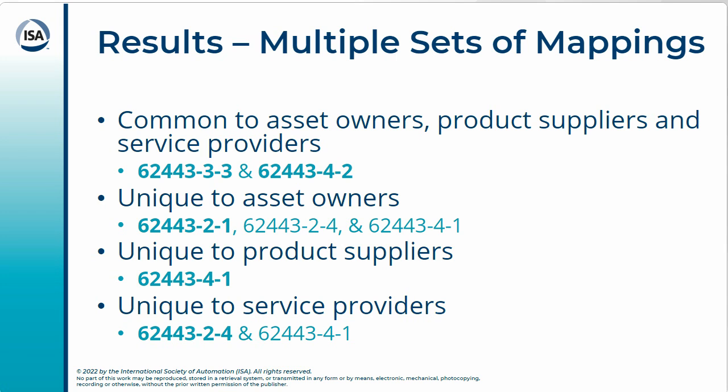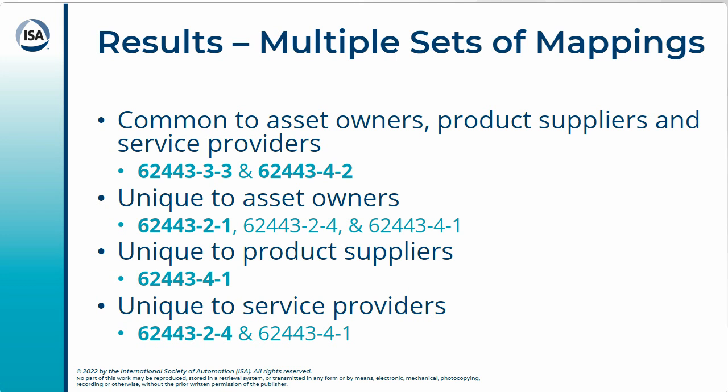And same thing with 4.1. It was looking towards the types of processes that a product developer would need to have as they're building out products that an asset owner would incorporate into their systems.